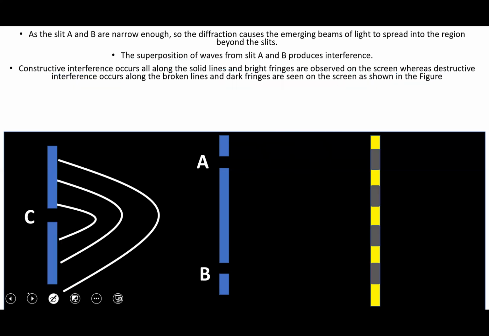Because of this, we can see bright and dark fringes over here. Over here we can see a bright fringe, and over here a dark fringe.